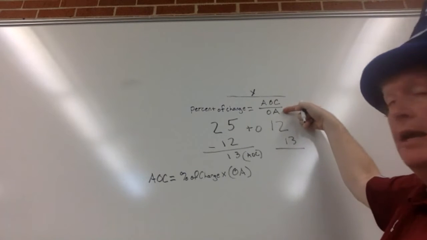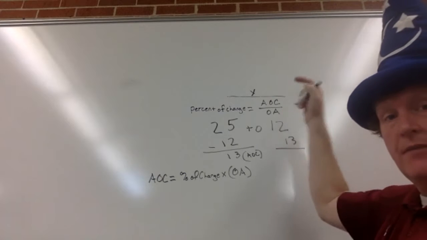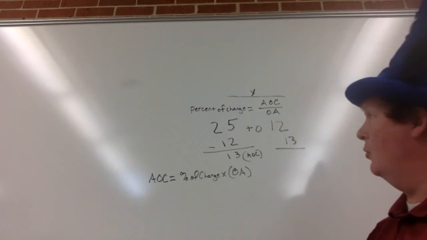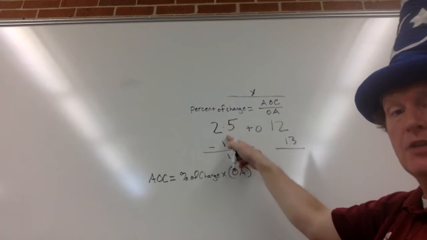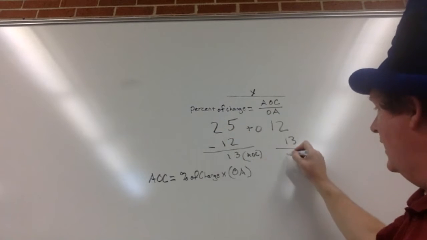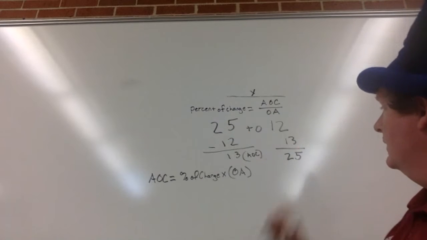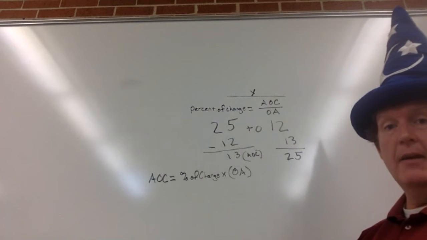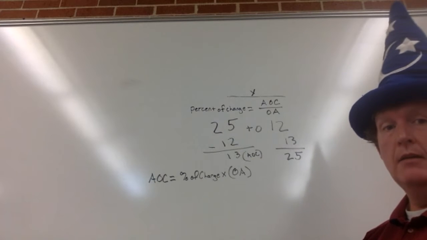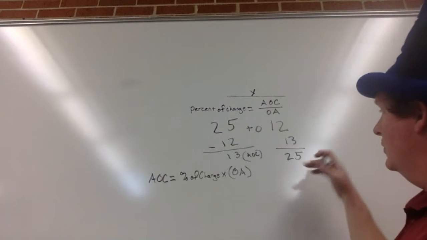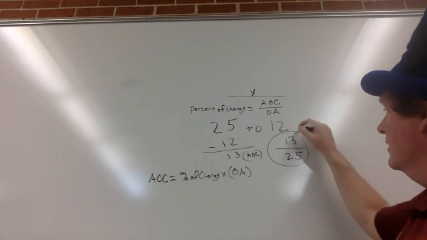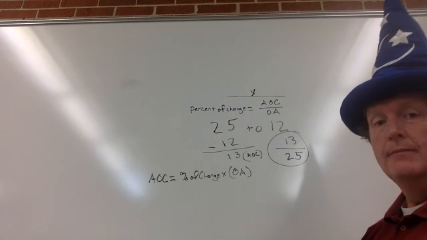Now the OA is the original amount. If you remember from yesterday's video, if you watched, the first number is always the original amount. So in this situation, 25 is the first number. So we got that there. Okay? Now, our next step is to change this to a decimal.